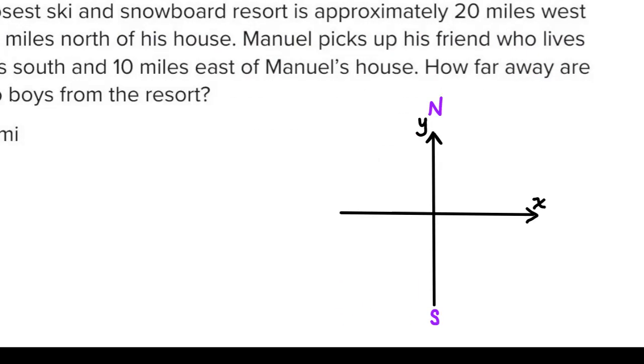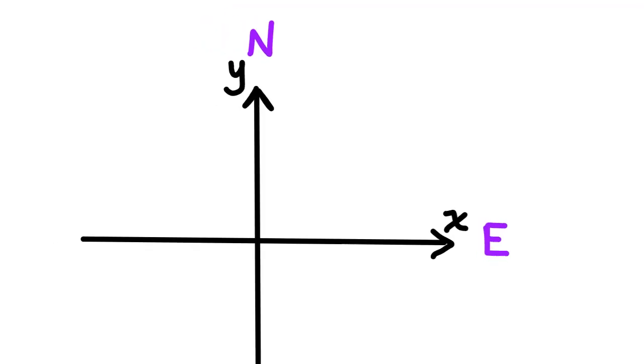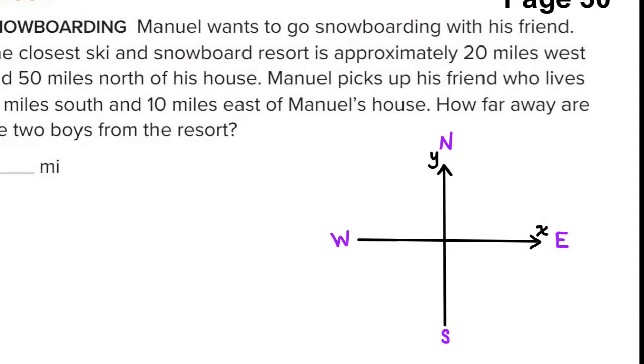Where's east? On the right. So here's east, and so west is going to be on the left. So since I'm putting this on a coordinate plane, west means I'm moving in the negative x direction. East would be the positive x direction. South would be the negative y direction, and north would be the positive y direction.